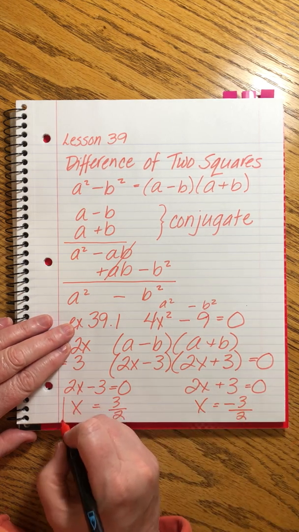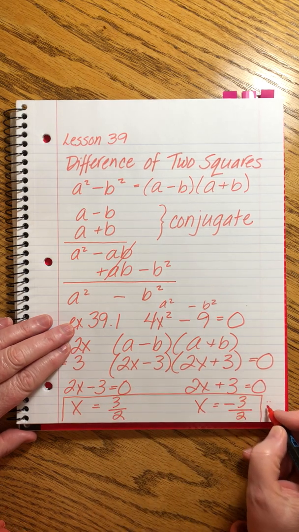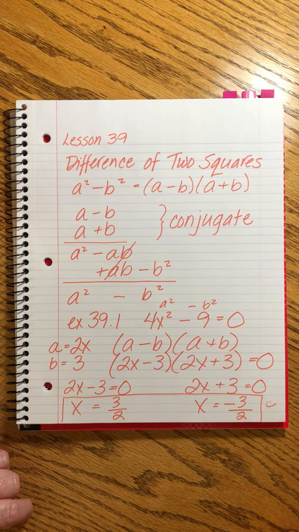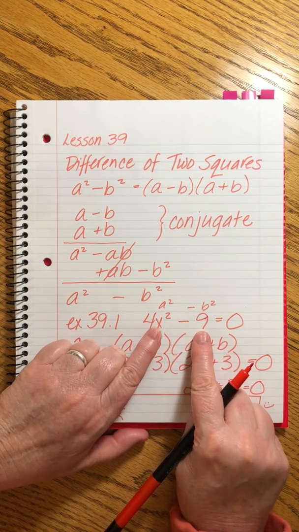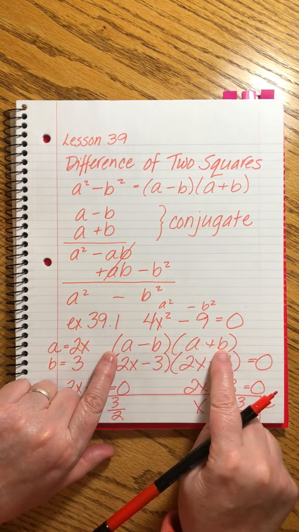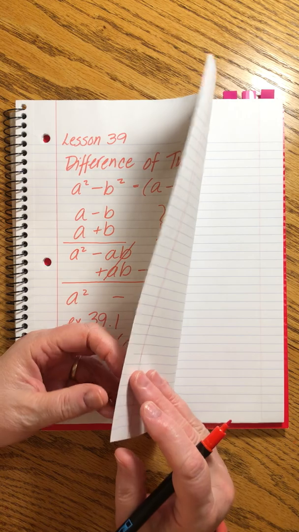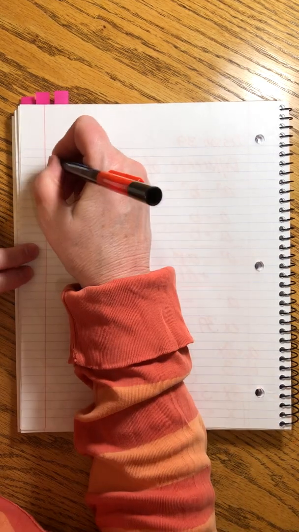And there are our answers to this problem, all right? So the trick in recognizing these problems is seeing, oh look, they're two perfect squares. And now I can use this pattern for factoring, and it's as easy as pie. Okay, we have one more of these. Example 39-2.